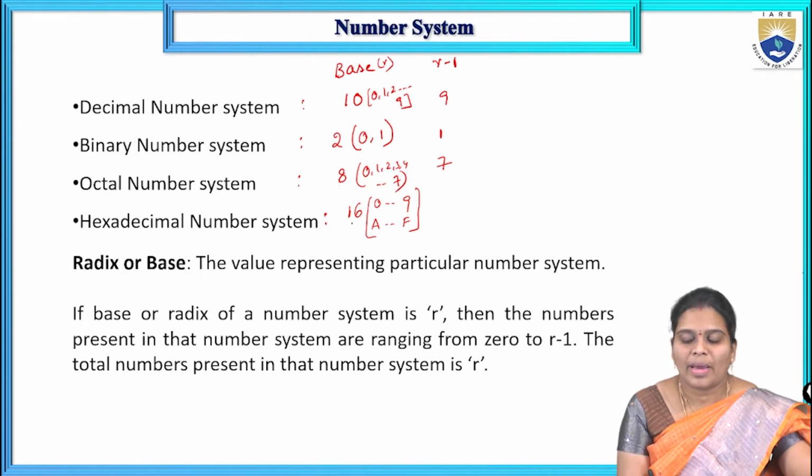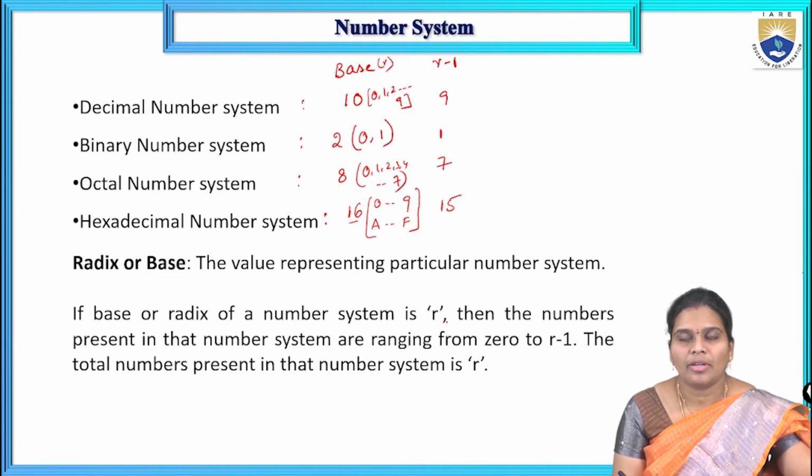The maximum value of the hexadecimal number system is 16 minus 1, which is 15. So these are the base values of each number system as well as the maximum value of that particular number system.